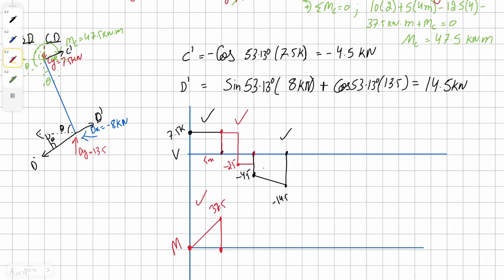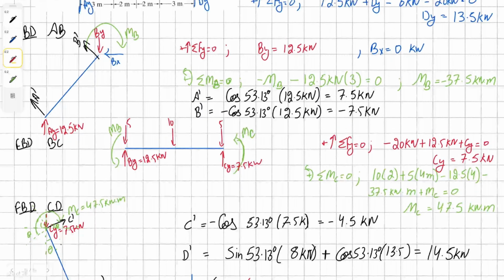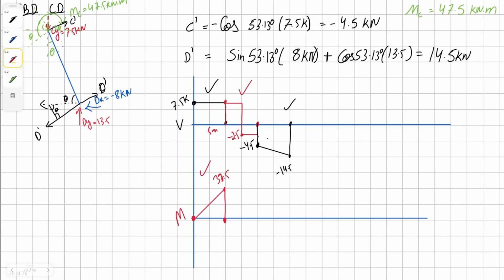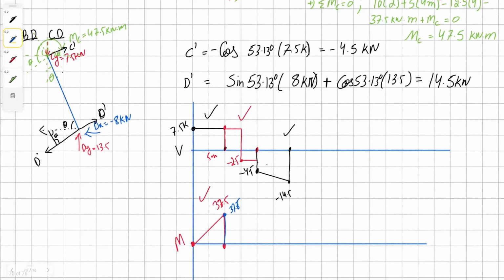And now for the next part, initially we have our moment B, which is going to take us upwards to positive 37.5. From there we have this positive area, which is 7.5 times 2, bringing us to 52.5.